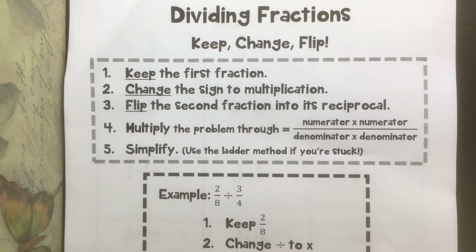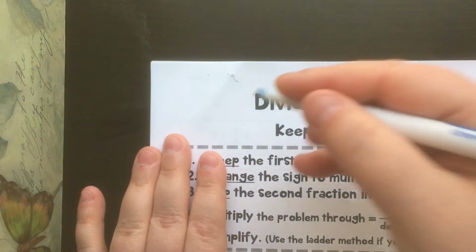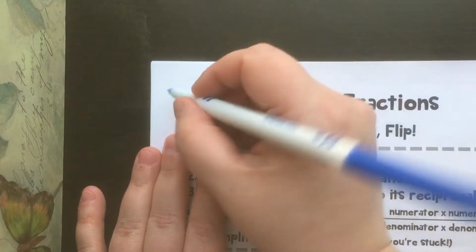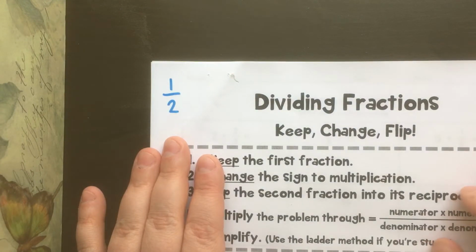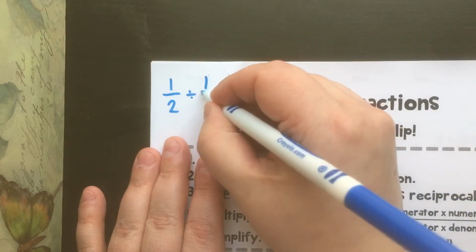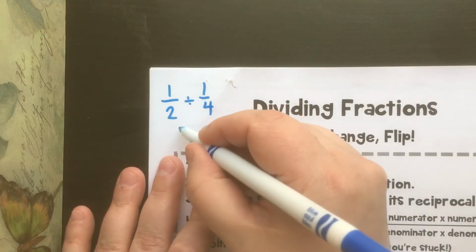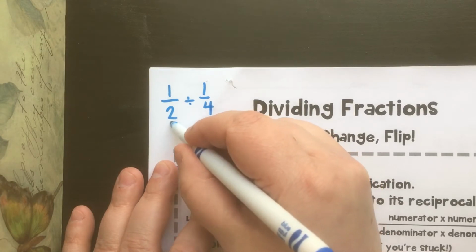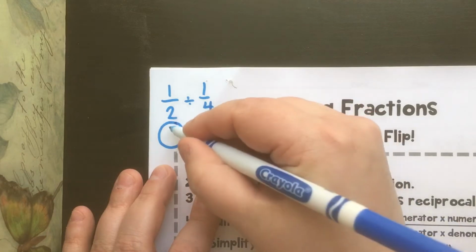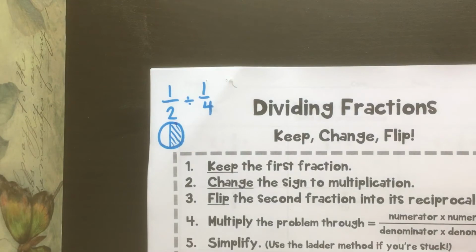All right, so the whole idea of dividing fractions is if we were going to take, let's say, 1/2 and divide it by the fraction 1/4. If I was going to draw this out, let's say I have a circle, and here's my half, right?